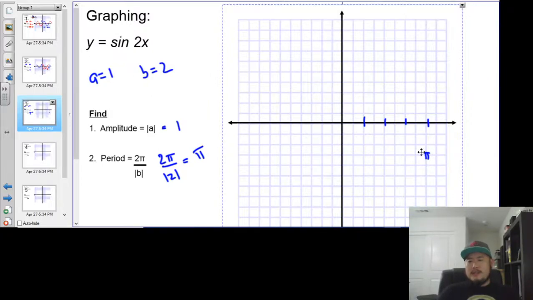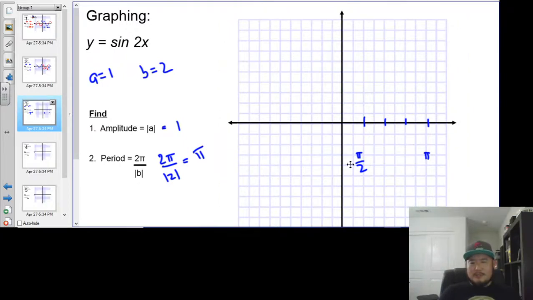Well, remember, the rest of the intervals is easy. This first part is going to be 1/4. So we take 1/4 of pi. So we have 1/4 pi, or we can go ahead and put pi over 2. Now this next part right here, actually not pi over 2, because 1/4, it should be pi over 4.